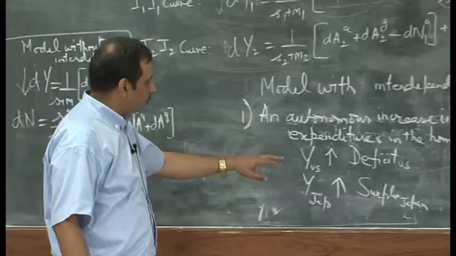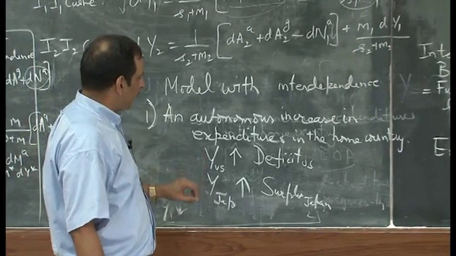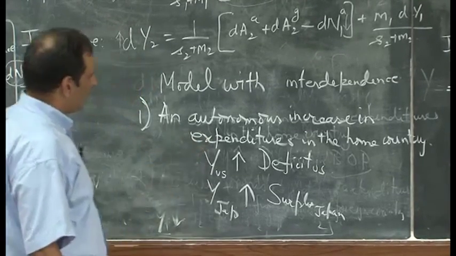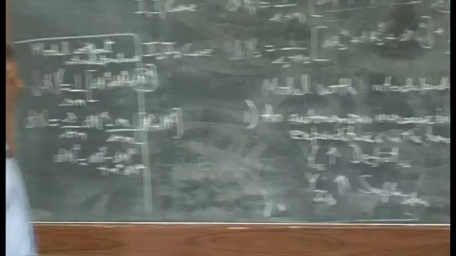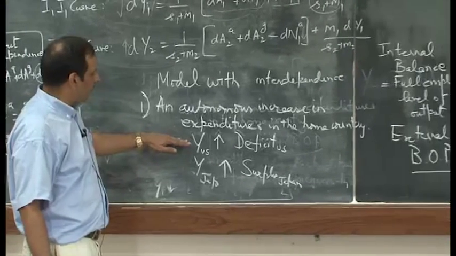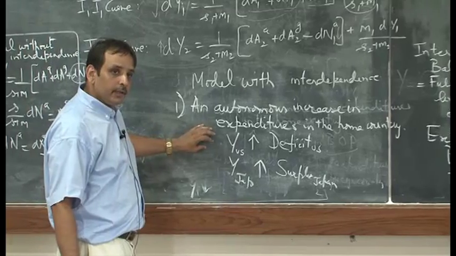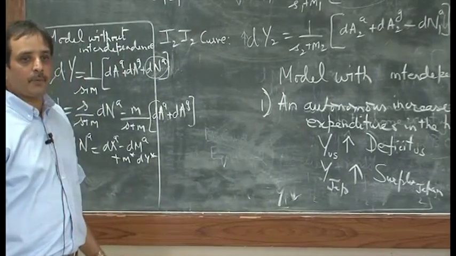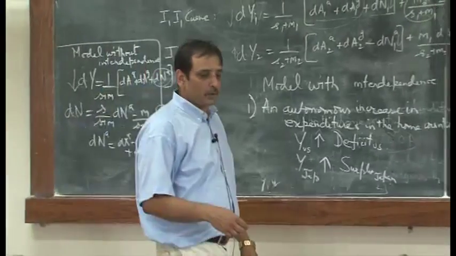Okay. A switch in expenditures will not be able to take care of the internal and the external balance in the US economy. So the appropriate policy is the expenditure changing policies.